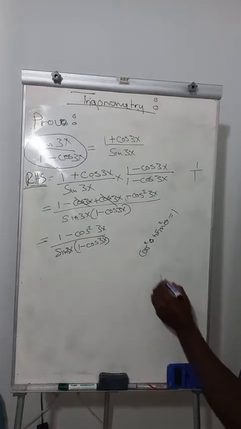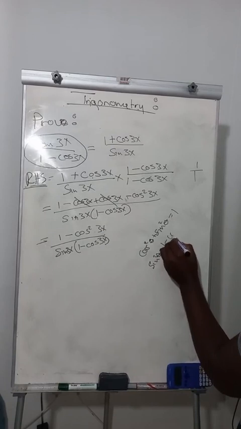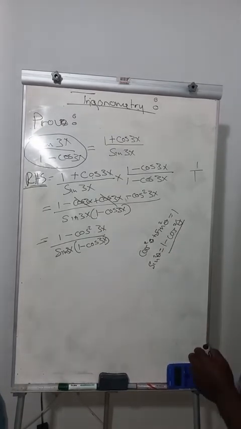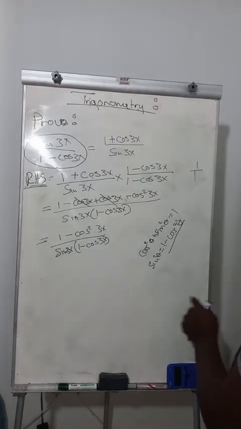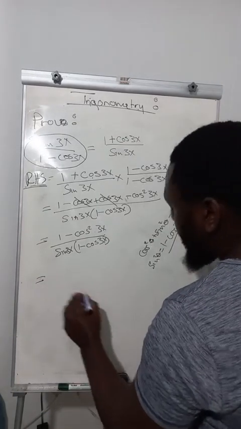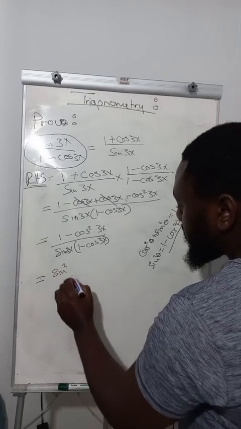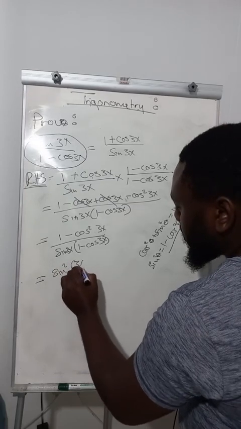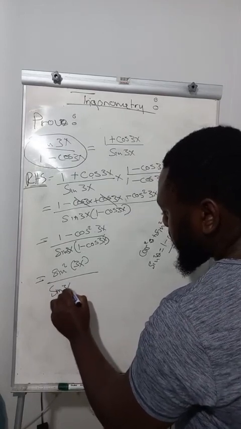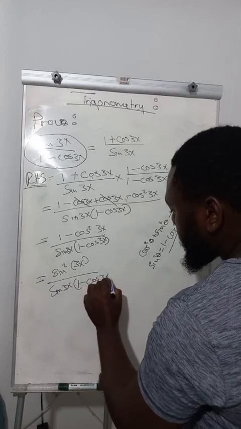Now you have sine squared theta equals 1 minus cos squared theta. So wherever there is 1 minus cos squared theta, go and write sine squared theta, which will say sine squared 3x here, all divided by sine 3x into 1 minus cos 3x.